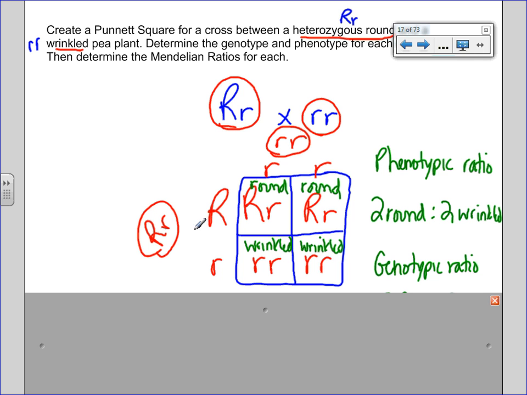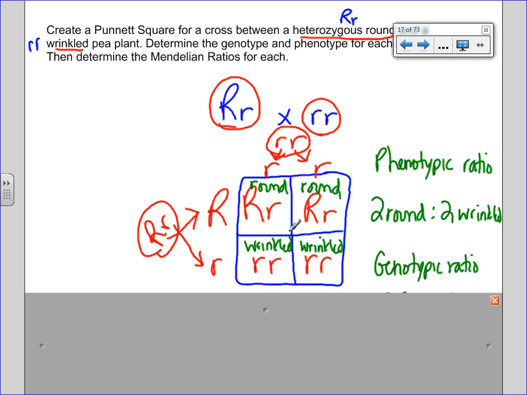Then you say what possible alleles they can give. This one can give a big R or a little r. This one can only give little r's. So you show what possible alleles they can give in the gametes.